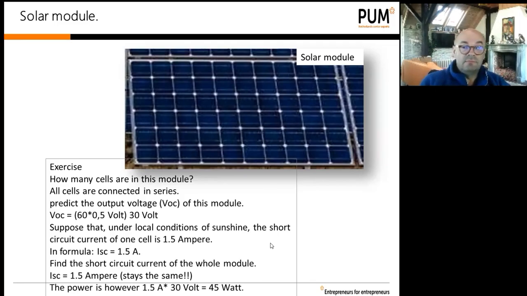Well, it generates 45 watts. Always remember Ohm's law: amperes times volts is watts output. Very important to remember.